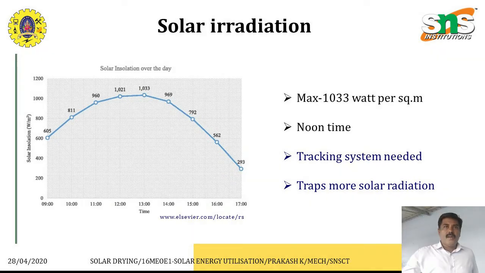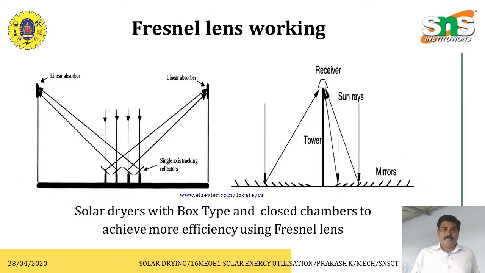And this is the solar radiation given. The solar radiation is not constant throughout the day. From the morning to the evening, the solar radiation will be varying. Here a value is given, 1032 watts per square meter. This is the solar radiation taken in this graph.